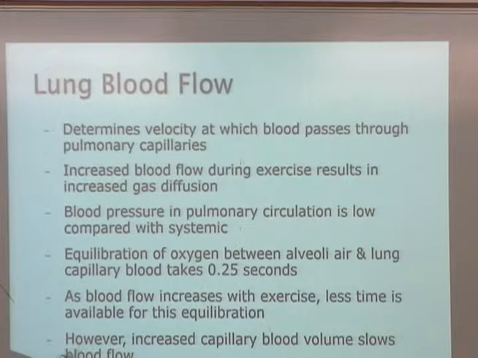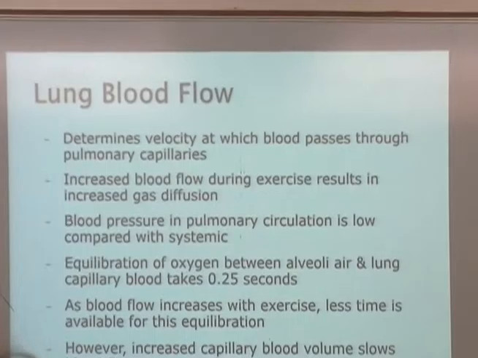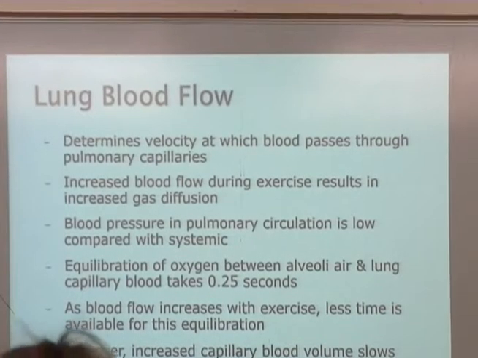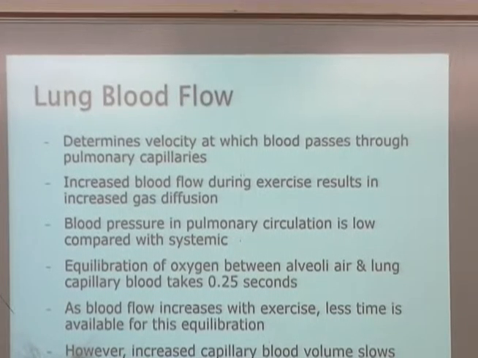So I want to be able, in this 0.25, to absorb as much oxygen as possible. We start to breathe deeper, so that means I start to utilize some of the alveoli lower down in the lung. That increases the surface area. Bigger surface area means more area for diffusion to occur.